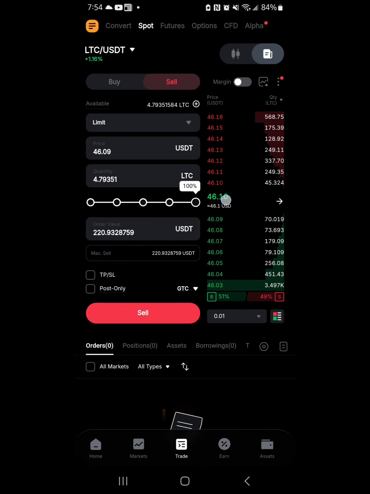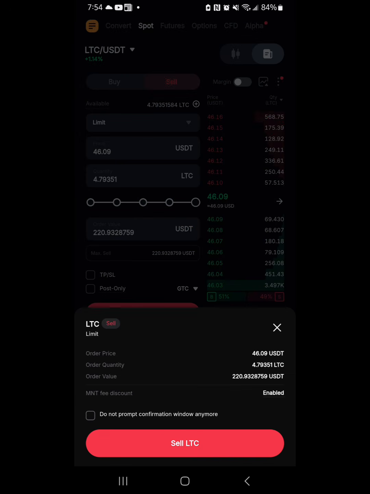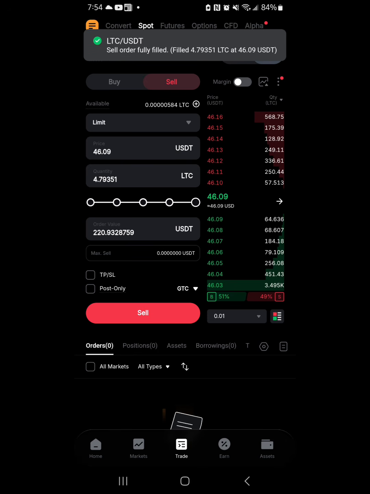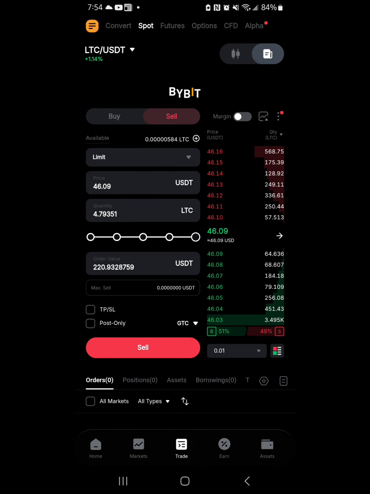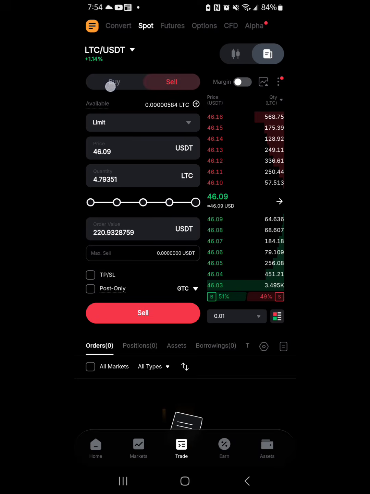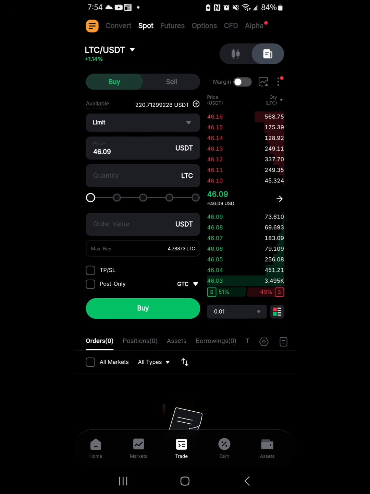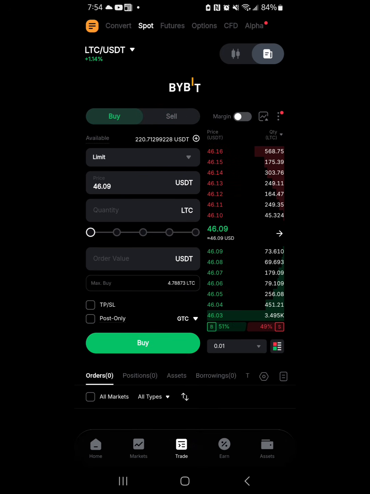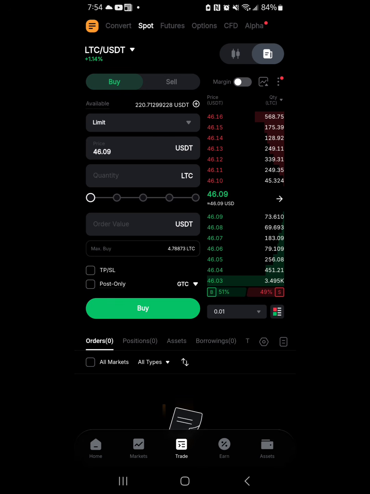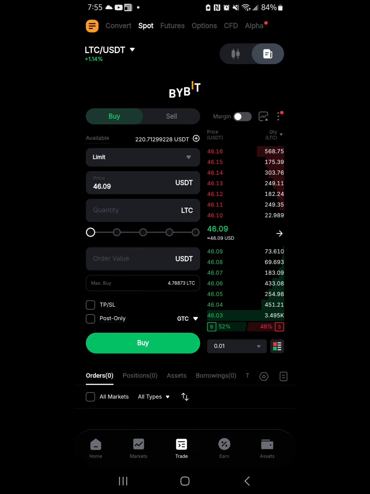I'm going to be adjusting my price to any preferable prices on the order book basically, and that should be around 46.09. And within a couple of minutes, since the price is quite close to the current value, the execution should probably happen instantly. So that's pretty much it.